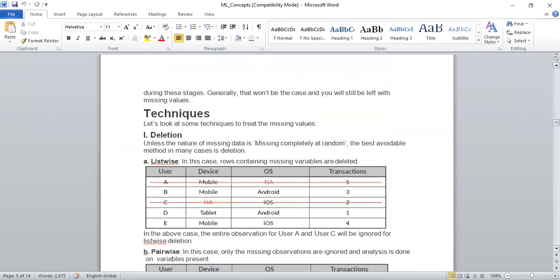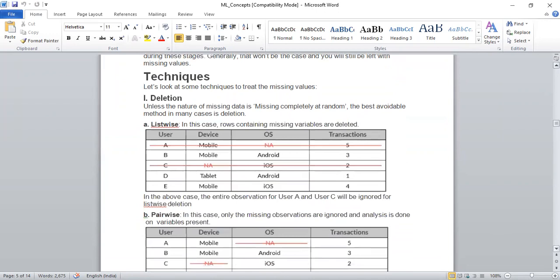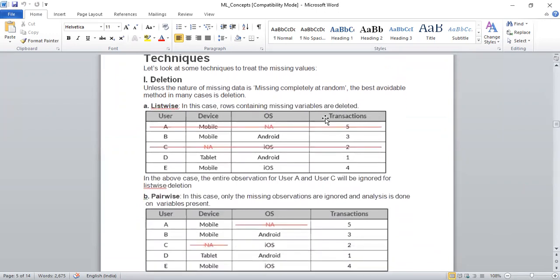So what is this technique? I have told you deletion, list-wise deletion and pair-wise deletion. So look here, what we will have to do here.